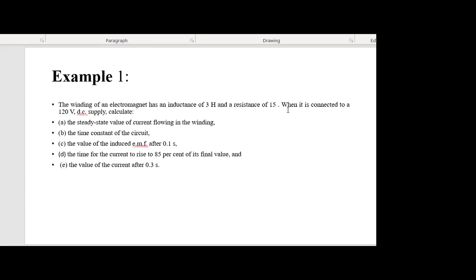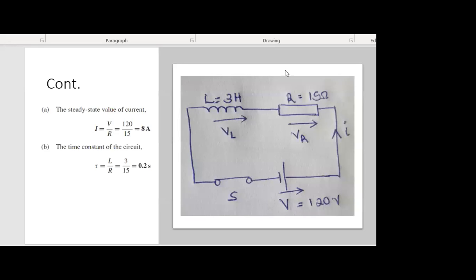Okay. So we have the circuit here, the inductor connected in series with the resistor and connected to 120 volts DC supply. At steady state, we can look at the equations back.